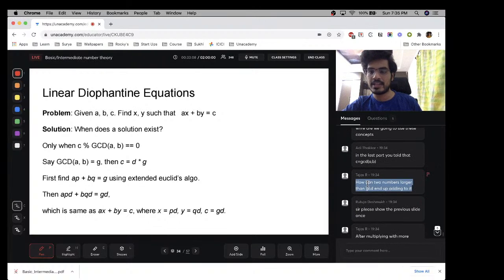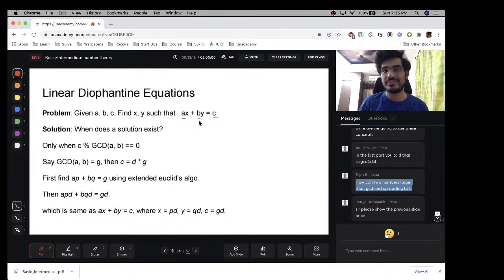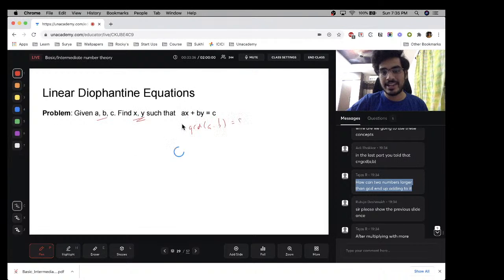How come two numbers larger than GCD end up adding to it? That's a very good question. This can be possible only if one of these two numbers is negative. If y is negative, then we can get some number less than a and b, like we just saw in the previous slide.